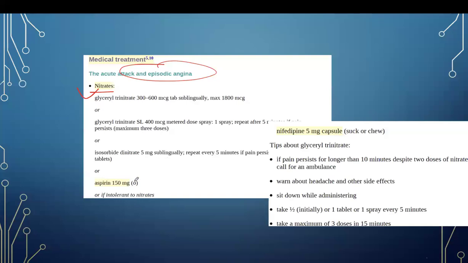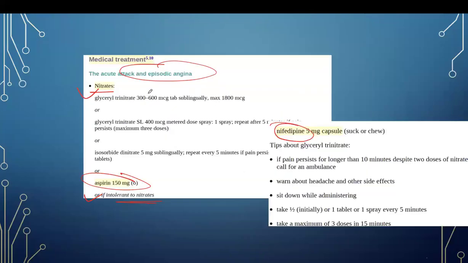Along with that, we can always give some aspirin just to prevent any clot formation. If the patient is intolerant of nitrate, because nitrate sometimes can give a very bad headache, we can also try nifedipine in that patient. So the treatment for episodic angina or an acute attack, when the patient has the pain, is nitrate. If nitrate is not tolerable, then nifedipine.